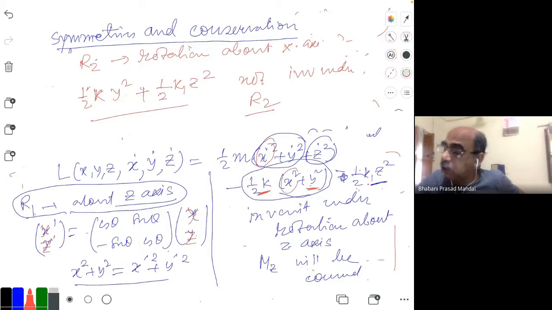And y square plus z square also would be invariant if it had a common coefficient m, but here is a different coefficient. You know that if I have a rotation, the length of a vector remains invariant. The length of a vector means x square plus y square or y square plus z square, depending on which plane you have. So in this case it is not invariant. So I can immediately say that mx is not conserved.